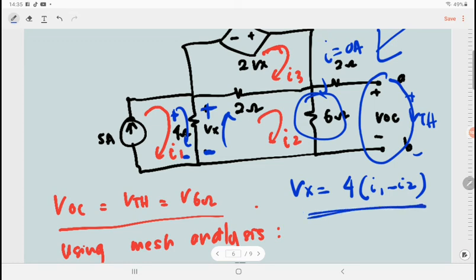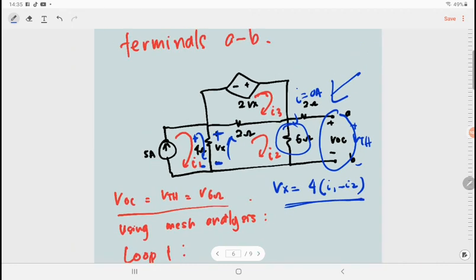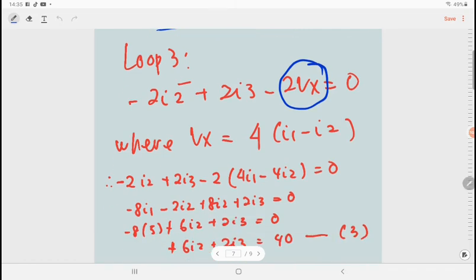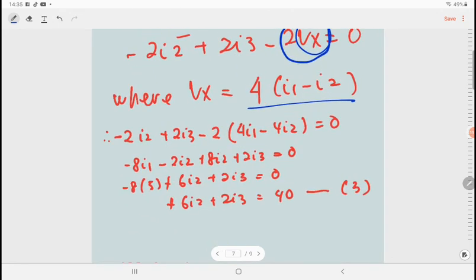We use this equation to substitute over here. So you got negative 12I2 plus 2I3 minus 2 times 4I1 minus 4I2 equal to 0, where 4I1 minus 4I2 is your Vx. Elaborating this equation and substituting I1 with 5 ampere, finally you got 6I2 plus 2I3 equal to 40.